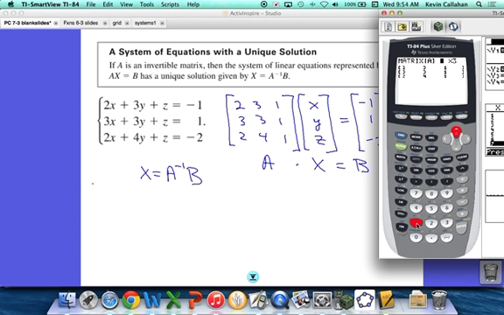So 2 3 1, 3 3 1, 2 4 1. The only place you're going to go wrong here is if you enter the wrong numbers in the calculator, right? Because if everything's in there correct, you'll get the right answer. So let's see. Second, quit, clear. A to the -1 B. So you should have got 2, -1, -2.